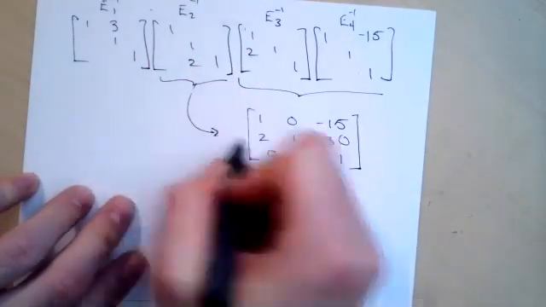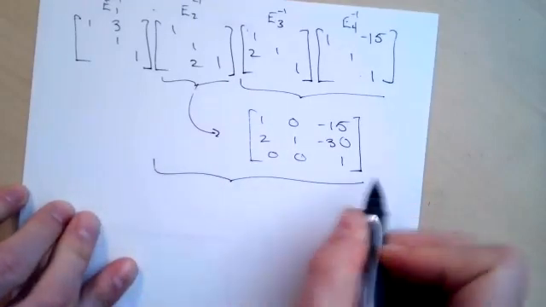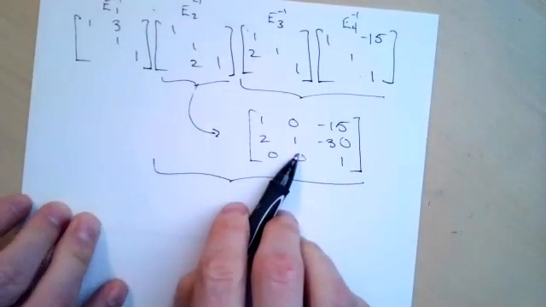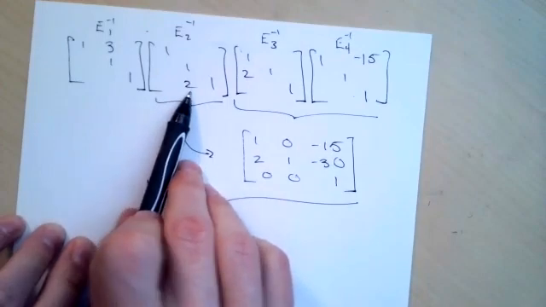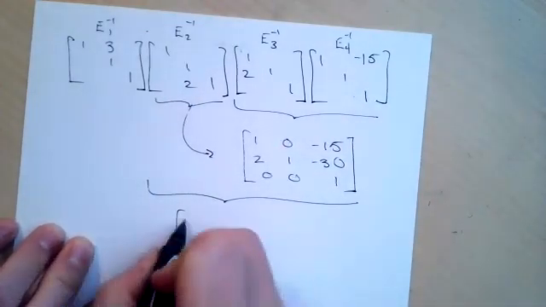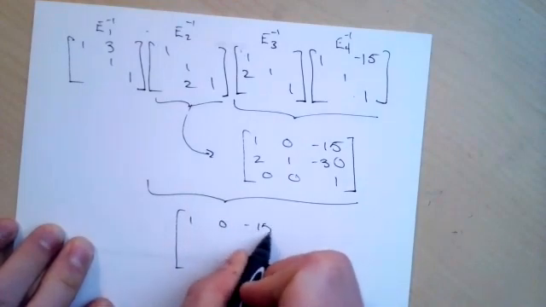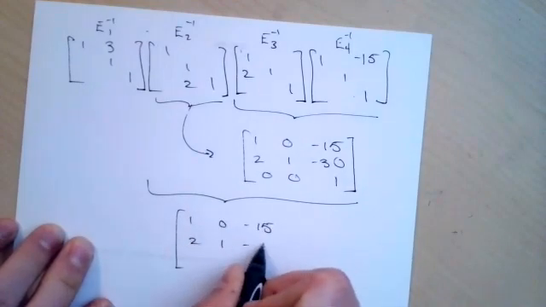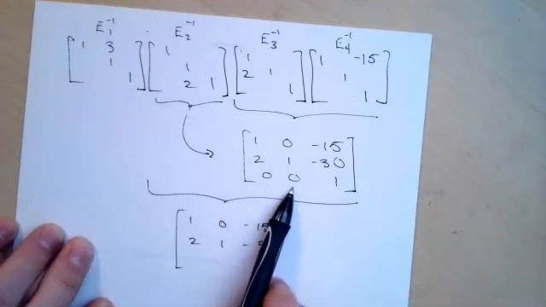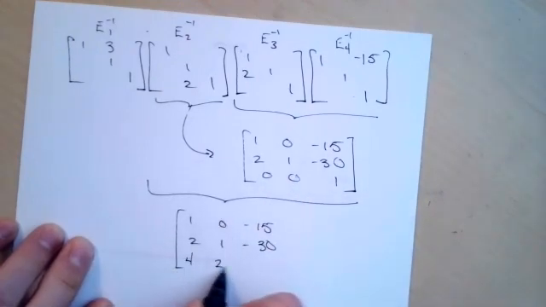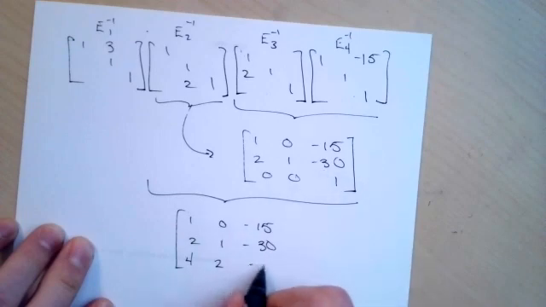We can bring that guy down, and then what's this guy going to apply to here? This is just 2 times row 2 added to row 3. So our result: row 1 is not going to change, row 2 isn't going to change, but we are taking 2 times row 2 and adding it to row 3. It's going to give us a 4, a 2, and a negative 59.